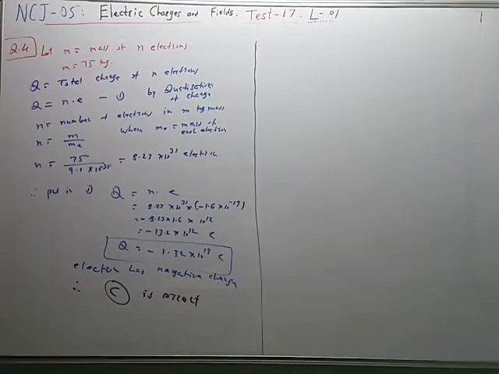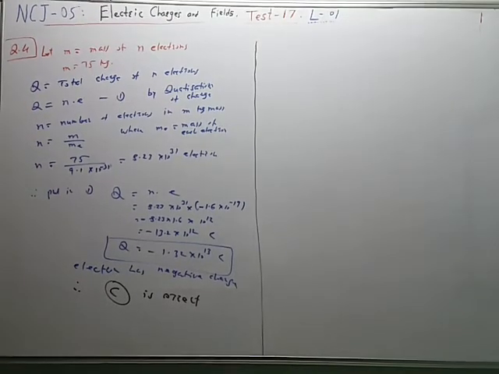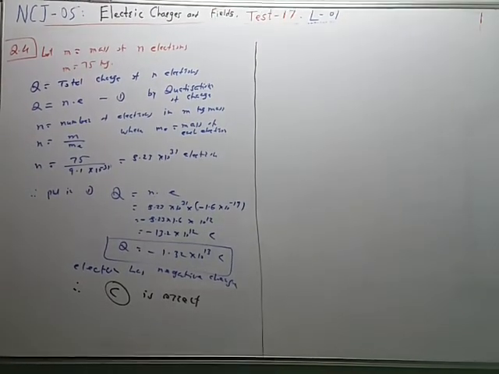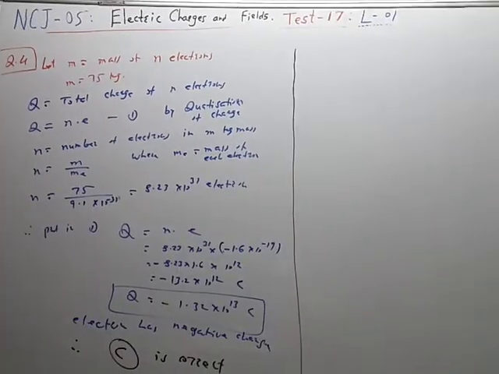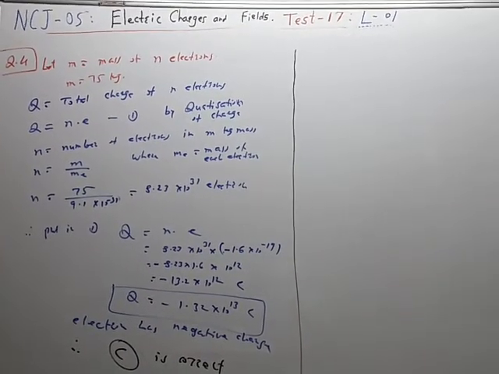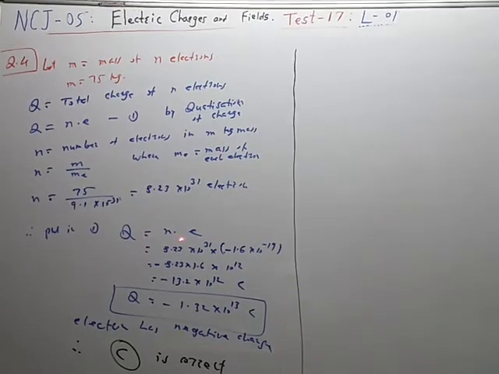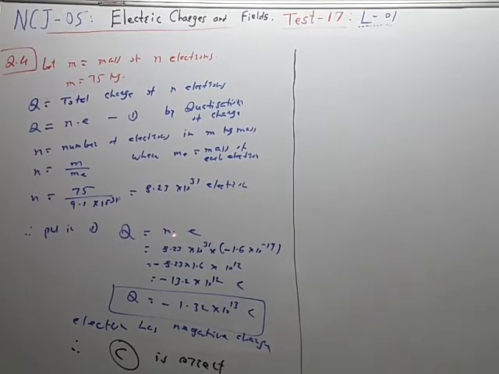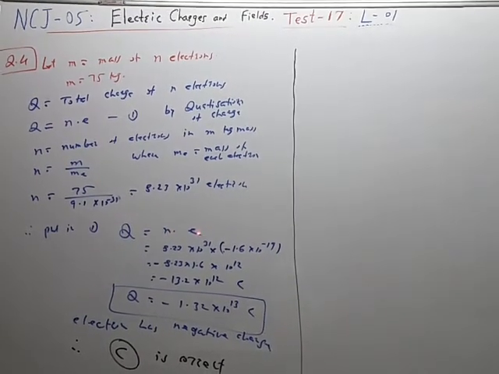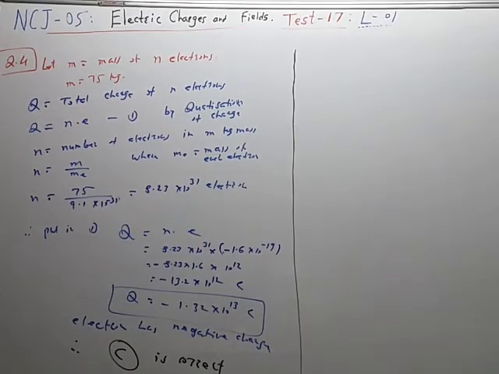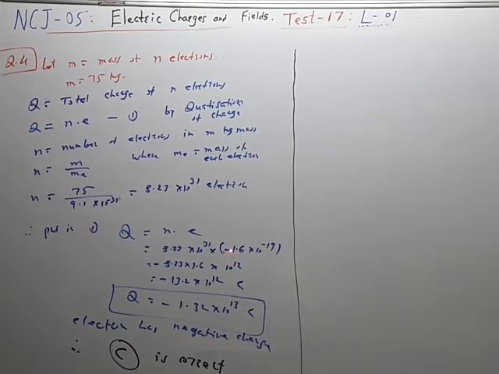Here we have used so many properties of electrostatics. The first property is quantization of charge. The total charge Q is always equal to an integer number multiplied by the charge of the electron or the charge of the proton. Here we are collecting electrons, therefore the minus sign.